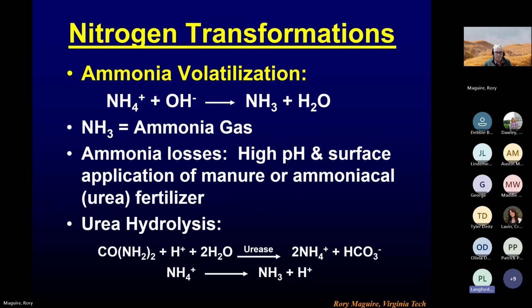As you can see in this urea hydrolysis reaction, we have nitrite, hydrogen, and water. And urease is like a microbe that'll break that down into ammonium and hydrocarbonate. And then it'll take that ammonium and that will turn into the ammonia gas.